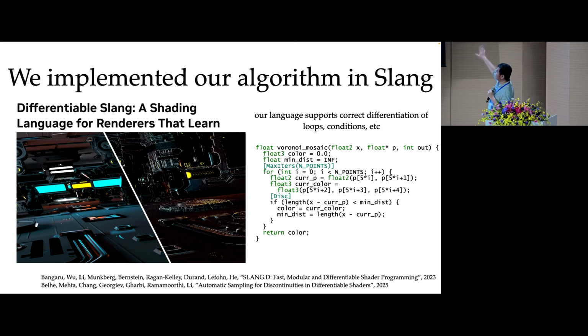You can see that it's a pretty standard shading language format. It has loops, conditions, function calls, and all the things we expect. Then we can differentiate this, and our derivative will actually propagate through the if conditions and update the circle position, for example, from the previous example.